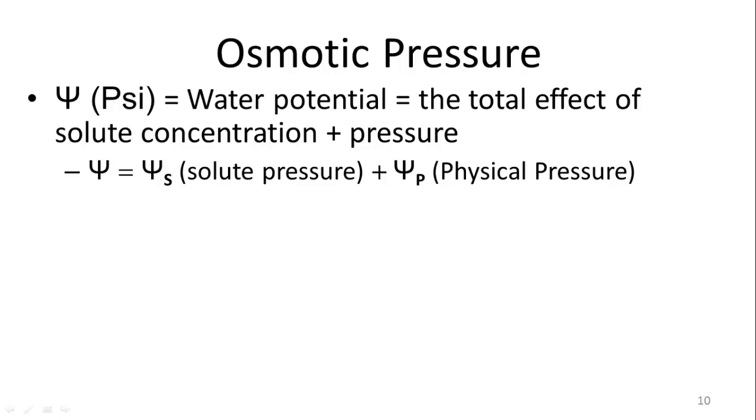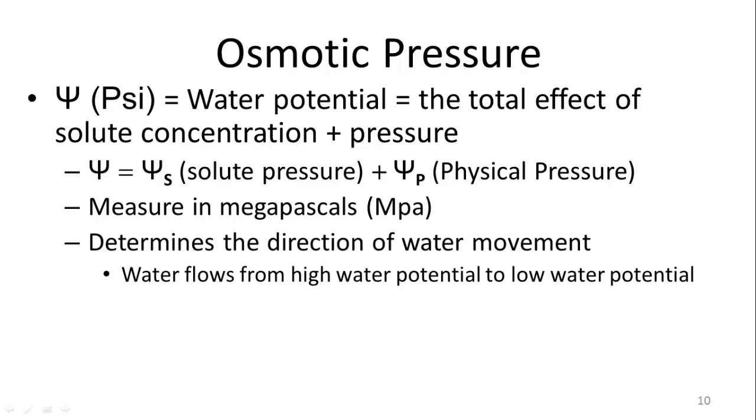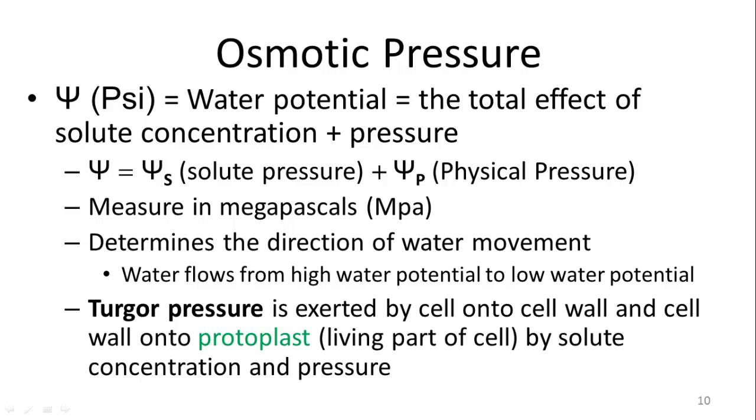So psi is the additive effect of solute pressure and physical pressure, which we can denote by a sub S and a sub P. It's measured in megapascals, which is a unit measurement of pressure, and it determines the direction of water movement. Water flows from a high water potential to a low water potential.